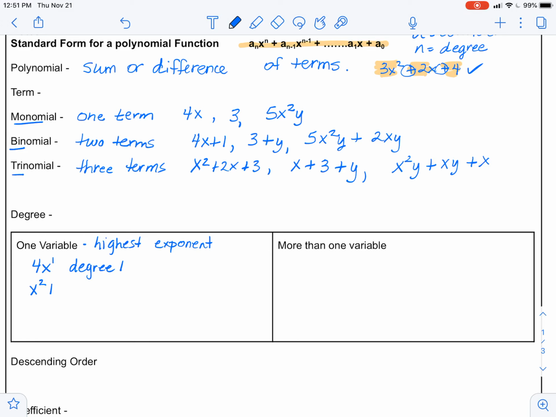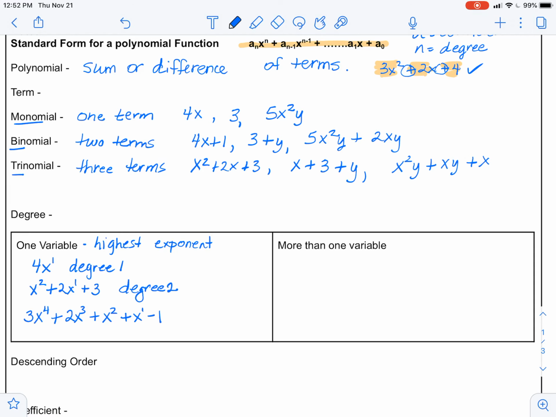If I had another one, it has one variable, and if you notice the first exponent is 2 and the second one is 1, so this one would have a degree 2. And then I could continue on. I could have something like 3x to the fourth plus 2x cubed plus x squared plus x minus 1.